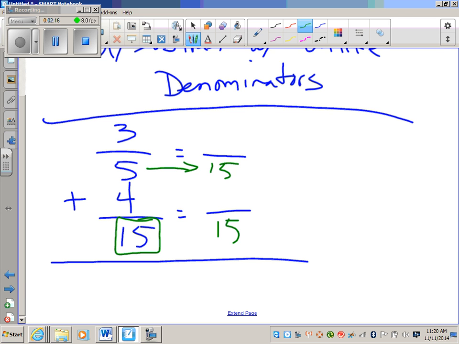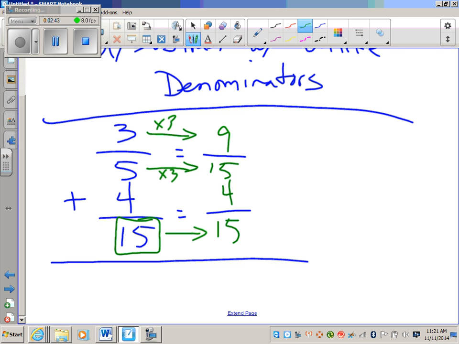If I transformed this first fraction, which is 3/5, to another fraction with 15 as the denominator, how did I go from 5 to 15? Times 3. So I would also do the same thing to the top in this particular fraction, and it would be a 9. Here, did the 15 change? No. So neither does the 4.